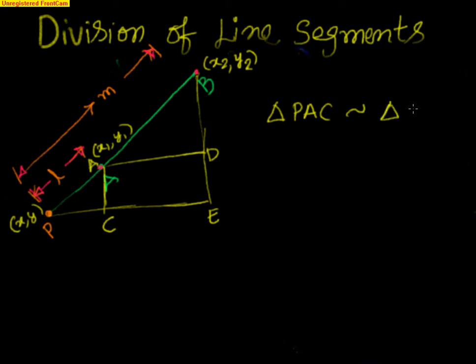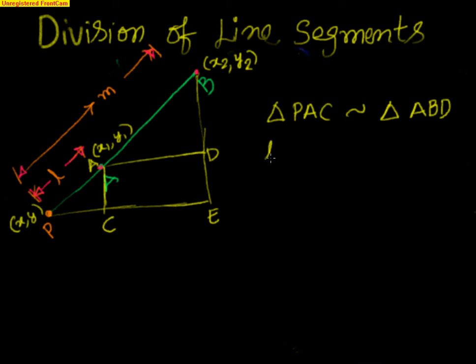We have proven that earlier, because the angles are equal and it has been given that these are divided in the ratio L is to M. So by the law of proportionality, the remaining sides should also be in the ratio of L is to M. That's how we got them as similar. Now let's compare the sides of these two triangles, that means PA to AB, PC to AD, and AC to BD.